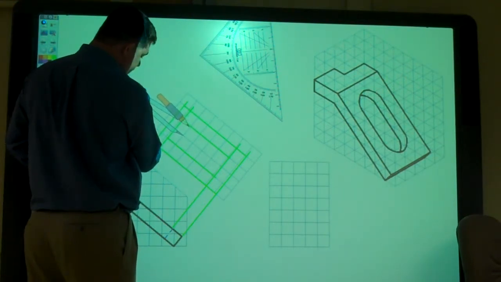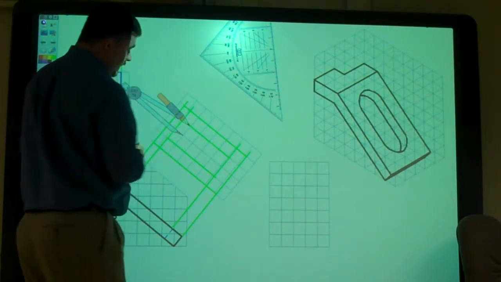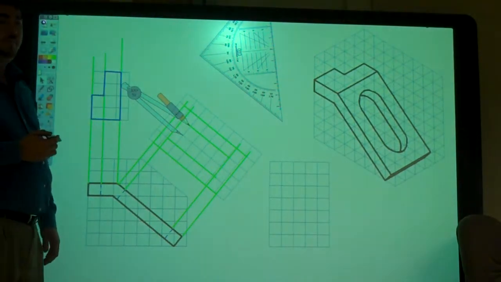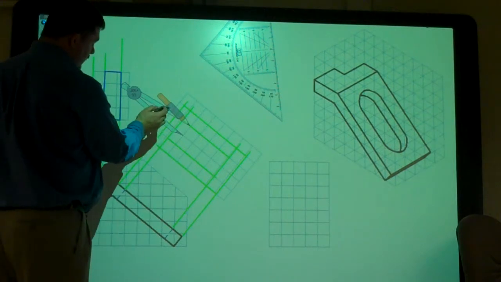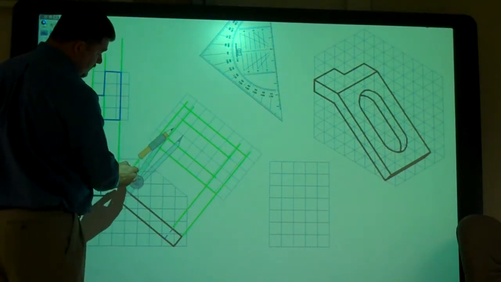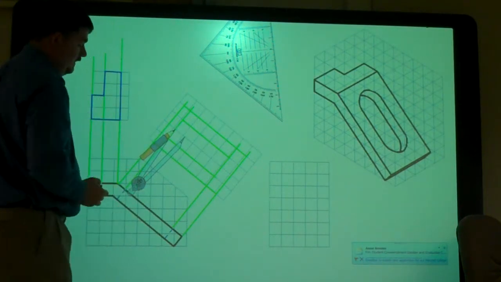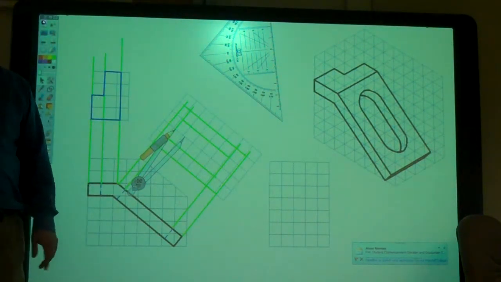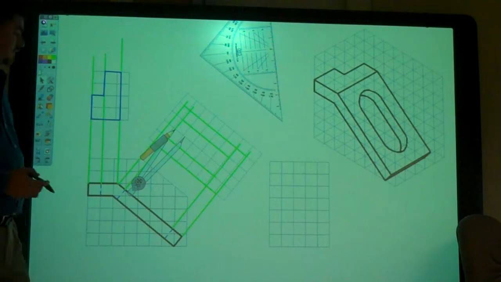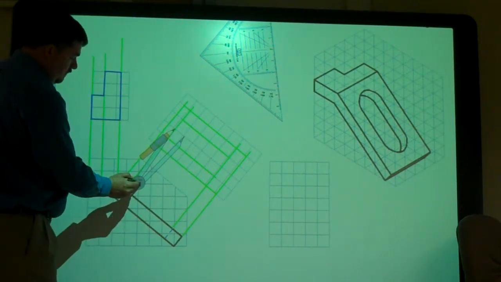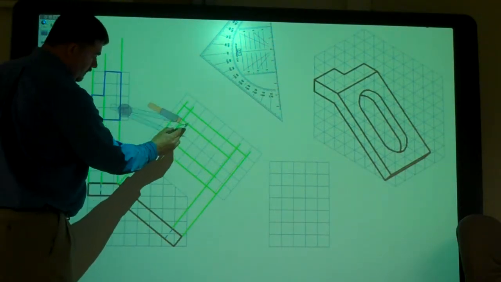So if I bring that up to here, now I can set the radius, right? Now I can just turn it with that same radius so it lines up there. Move it down to there. Now I know where my center is. There.